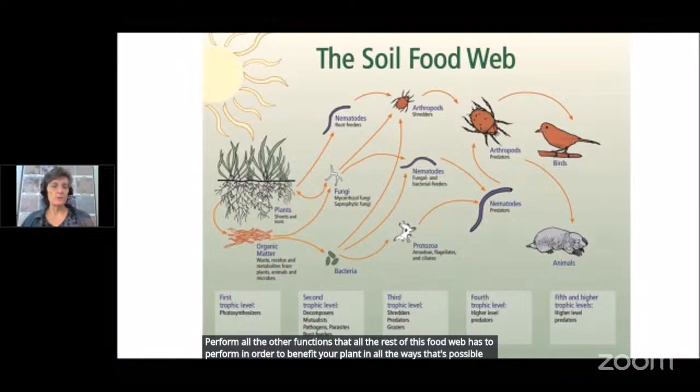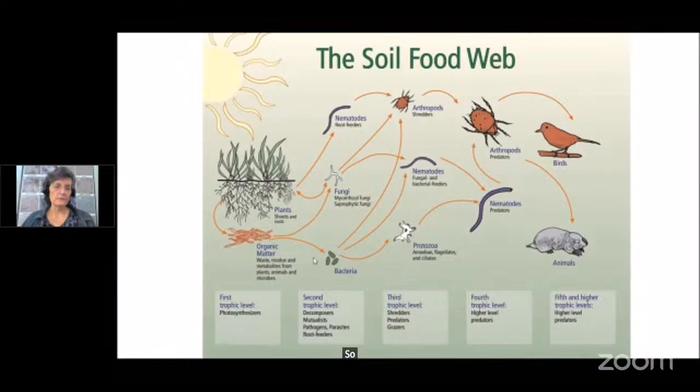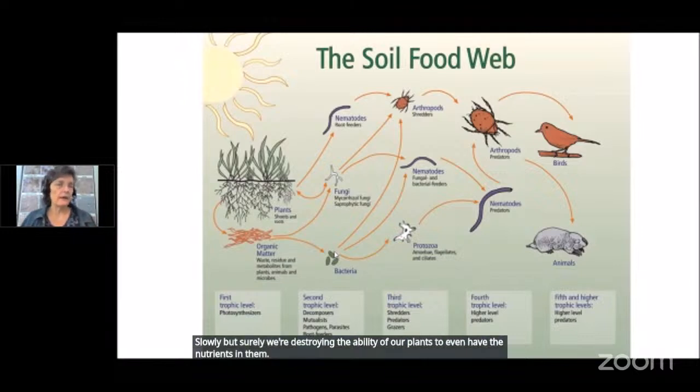So once we're down to just bacteria in our agricultural soils, then we have to use inorganic fertilizers. We have to use pesticides. But that's so opposite the way nature designed the system to work that slowly but surely we're destroying the ability of our plants to even have the nutrients in them that they're supposed to have.